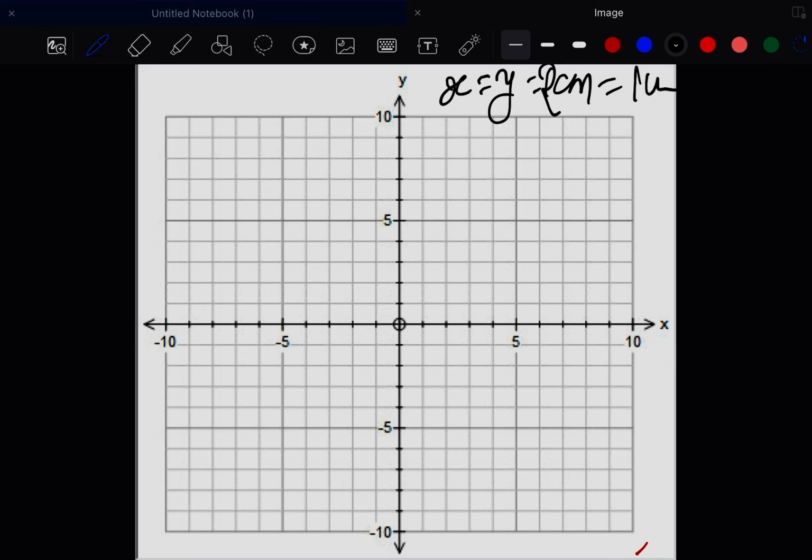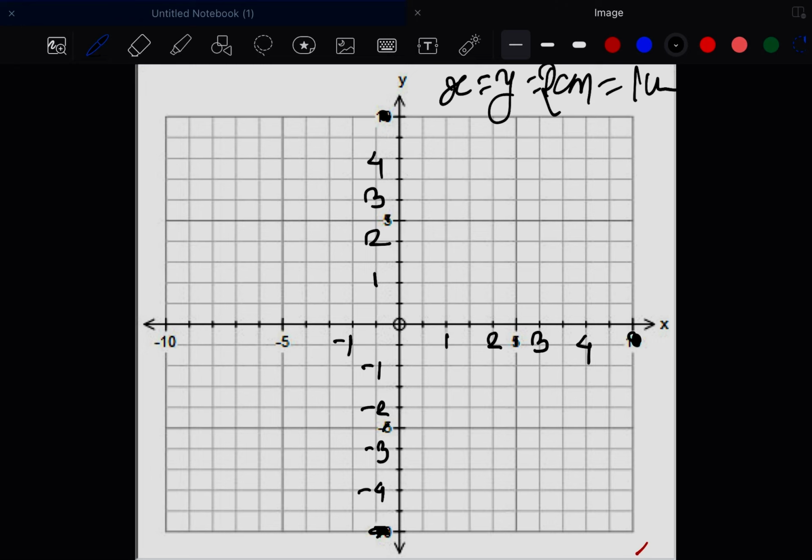So write down here 1, 2, 3, 4. So minus 1, minus 2, minus 3, minus 4, and plus 1, plus 2, plus 3, plus 4.